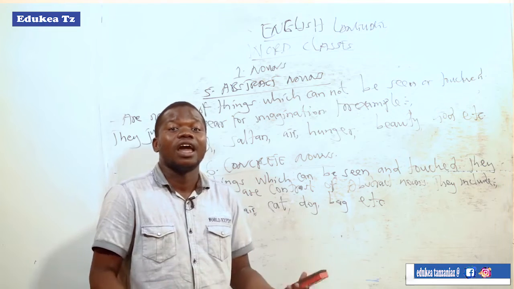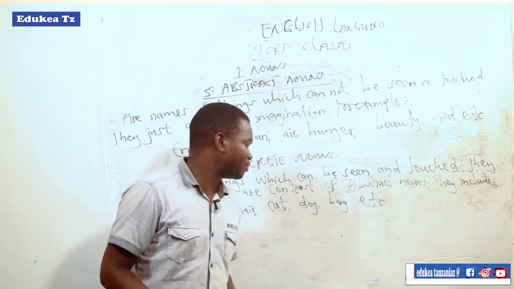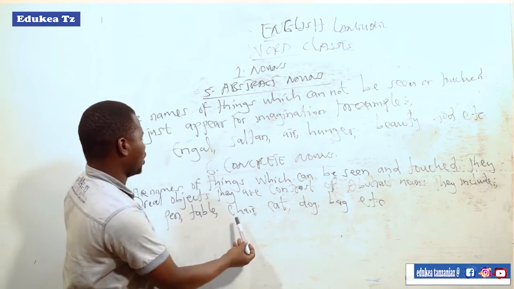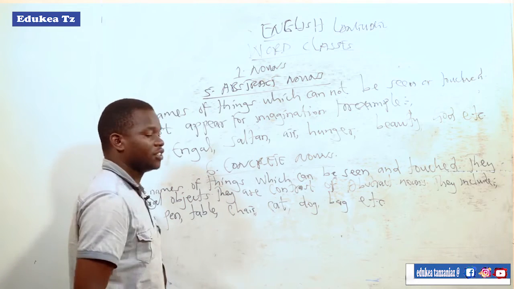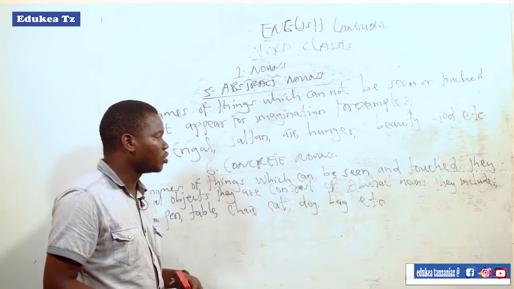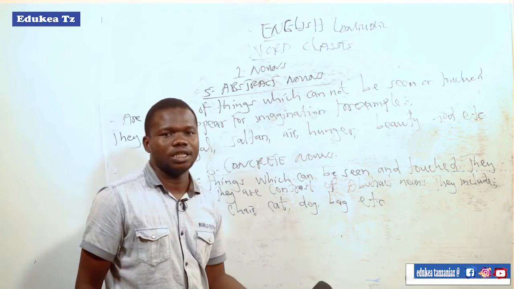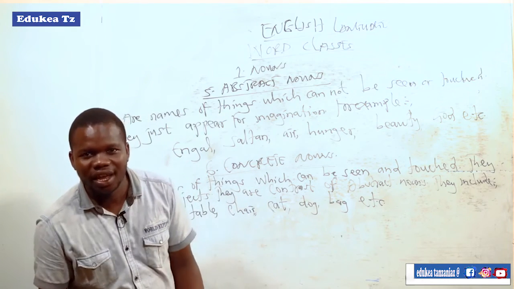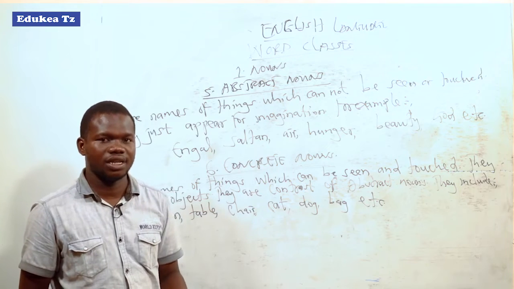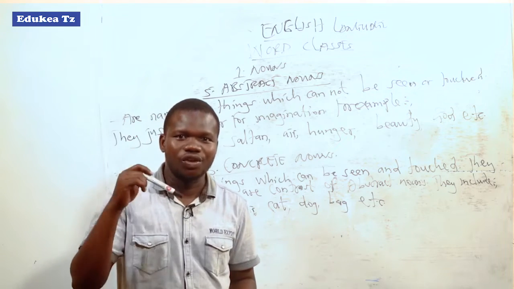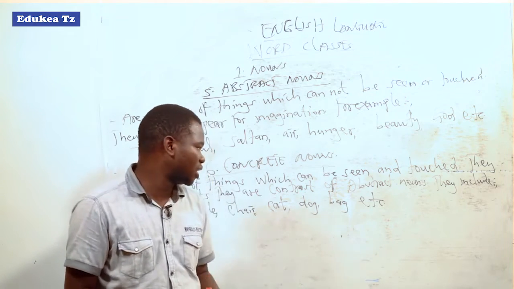Again, we have chair. So something like chair belongs to concrete nouns. Again, we have cat. A cat, that animal, can be seen and touched. That's to say, it appears for real and not for imagination.